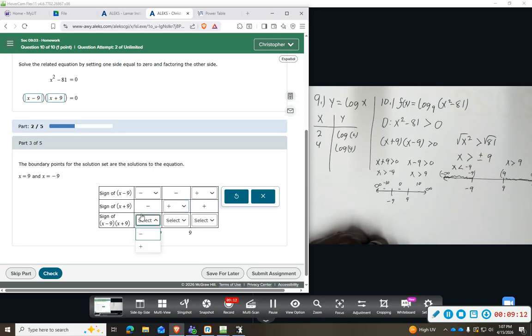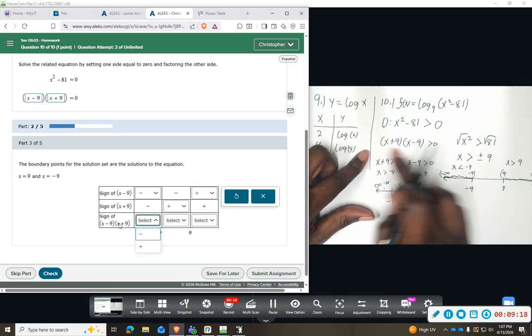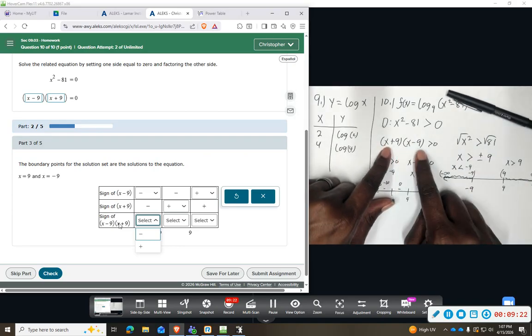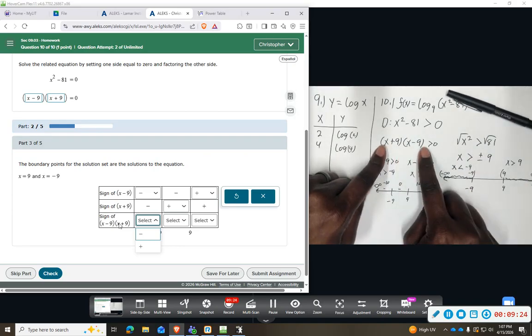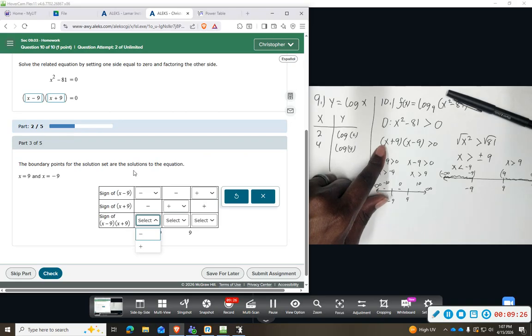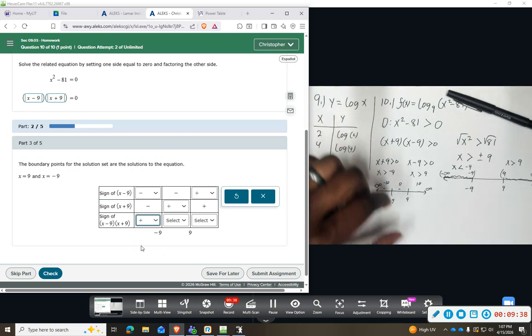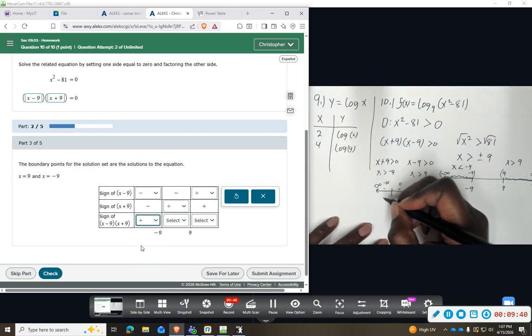And then we're looking at the sign of the product. When we look at them both together, what makes this overall value greater than 0? So when you look at each of them individually, we got the signs given here. In the first section, we do a negative times a negative, because that one's negative, that one's negative, and this comes out positive. So that means this section works because we want the positive section.